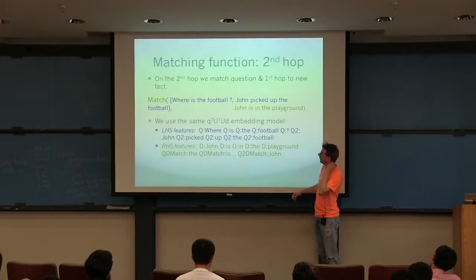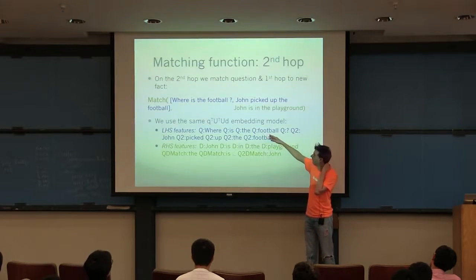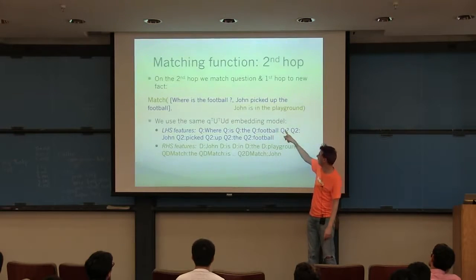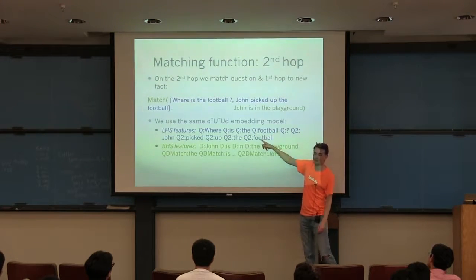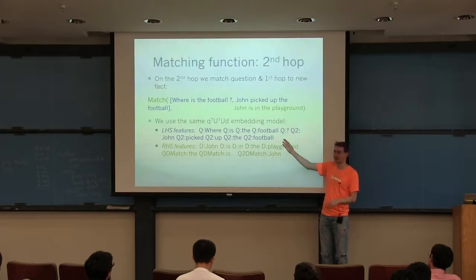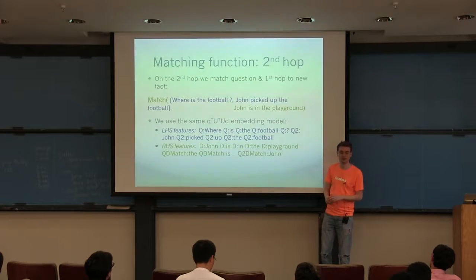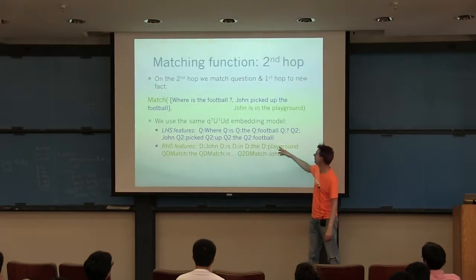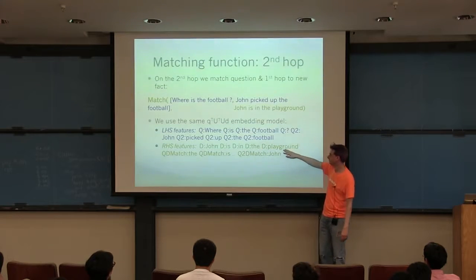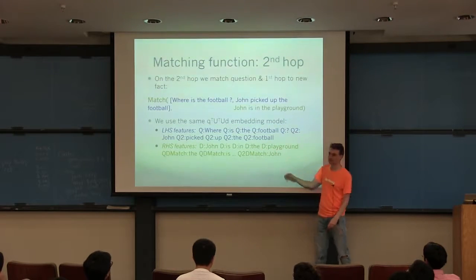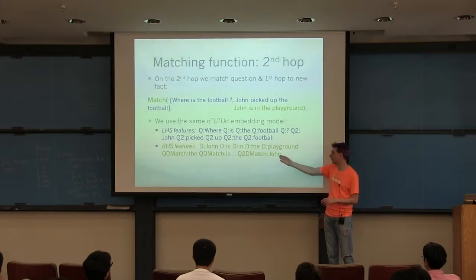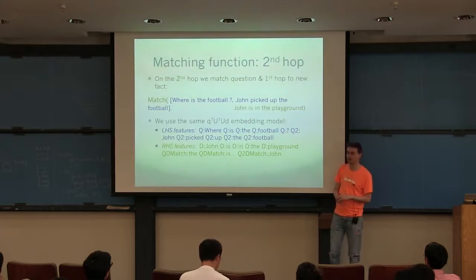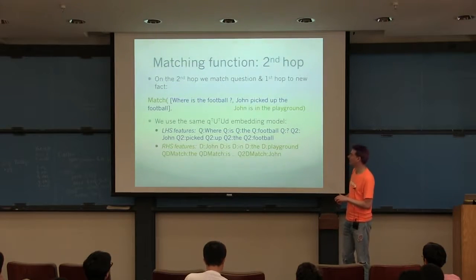So now the left-hand side features are both the Q words from the question and these Q2 words from the first supporting fact. That's why we have these three dictionaries. And then the right-hand side features are still D: wherever John is in the playground. And possibly still these Q2D match or QD match features as well, although those are more optional.